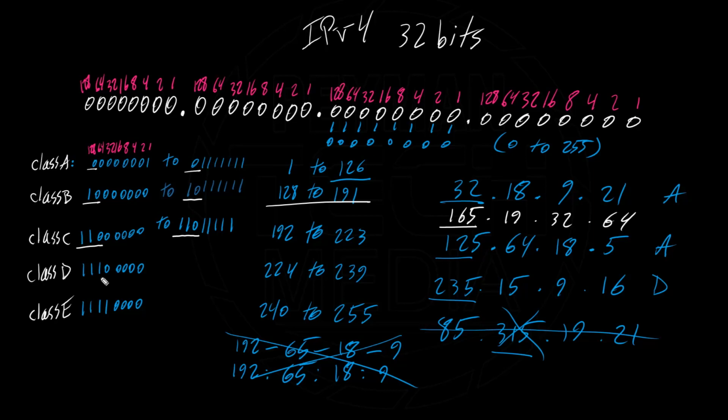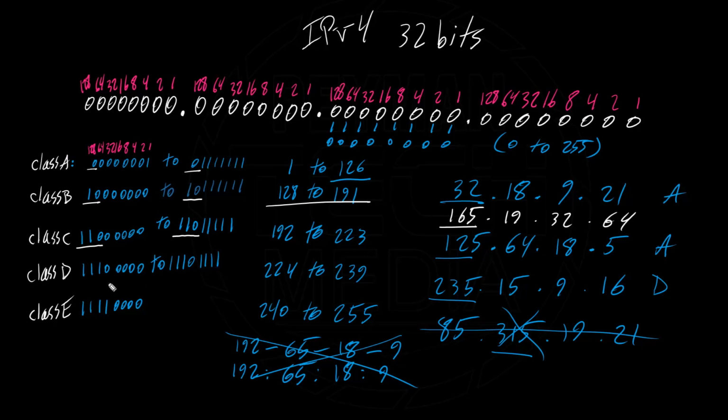And the next one, the range, you guessed it right, for class D, it is always 1, 1, 1, 0, and then the rest 0. So 1 1 1 0, and the rest is on. That's a total of 8: 1, 2, 3, 4, 5, 6, 7, 8.